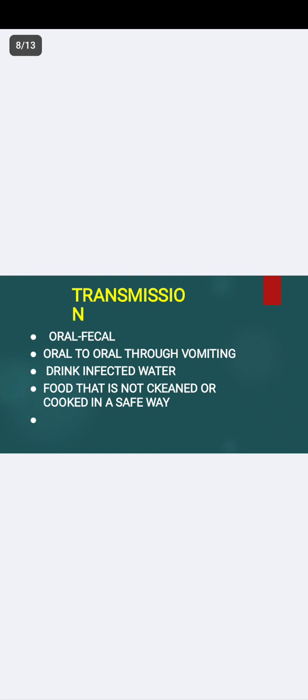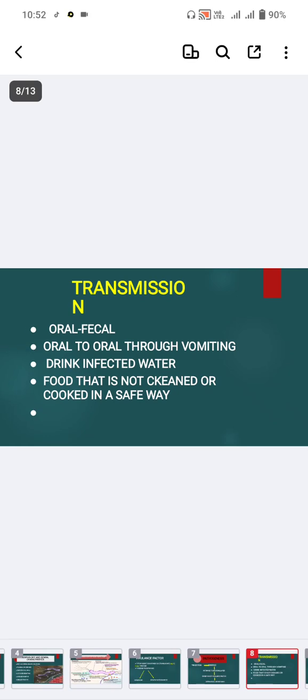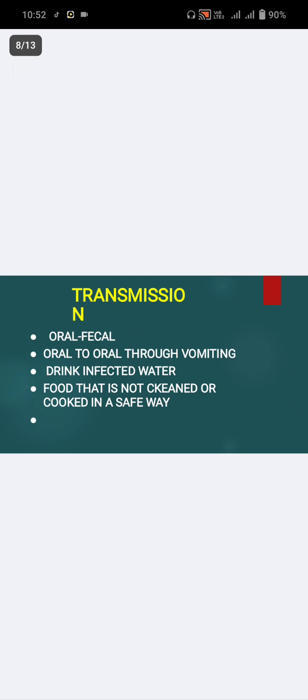The first one is the oral-fecal route. ये हमारे मुंह और जो पखाना है इसके ज़रिए हमारे मुंह में आ सकता है और हमें इन्फेक्ट कर सकता है. ओरल टू ओरल थ्रू वॉमिटिंग, ये हमारे जिस्म में इंटर हो सकता है. ड्रिंकिंग इन्फेक्टेड वाटर, it means that when we drink water which is drunk by an H. pylori infected person, it can easily enter our body and affect our body system.